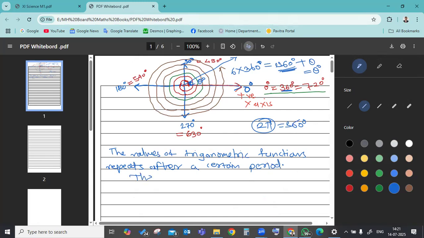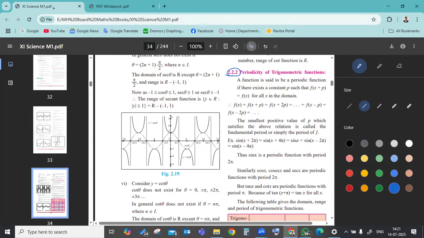Hence, these trigonometric functions are called periodic functions. Understood? Why periodicity? Because its value repeats after a certain interval, and hence these functions are periodic functions.